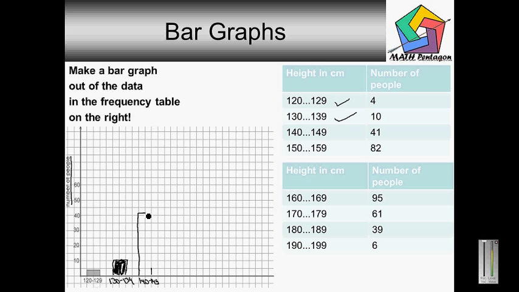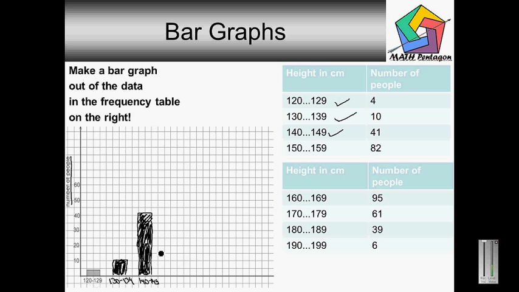So I reach about right here. As you can see, I hit the 41 right here. So I make my little bar right here. So that's done with. Okay, let's go to the next one.